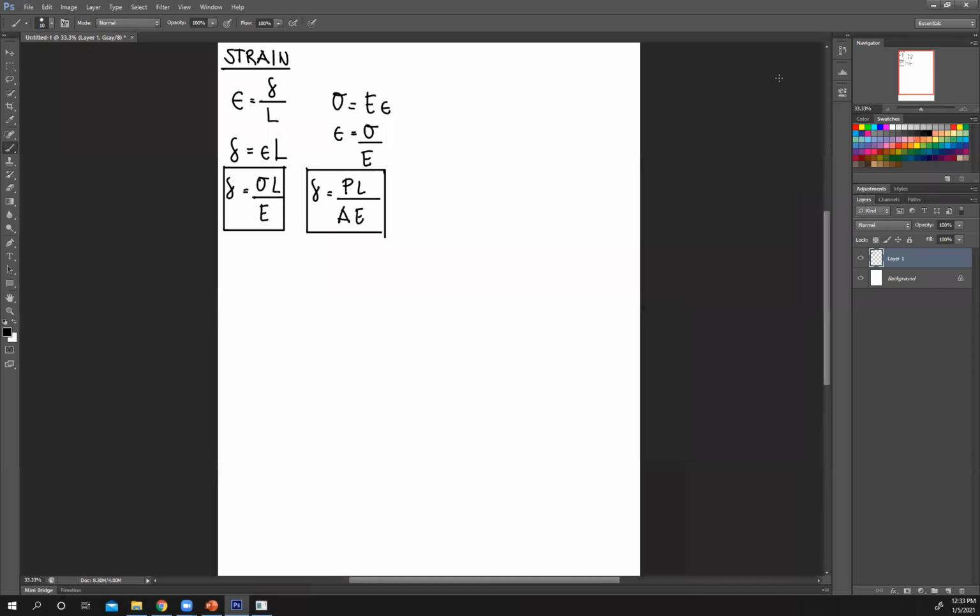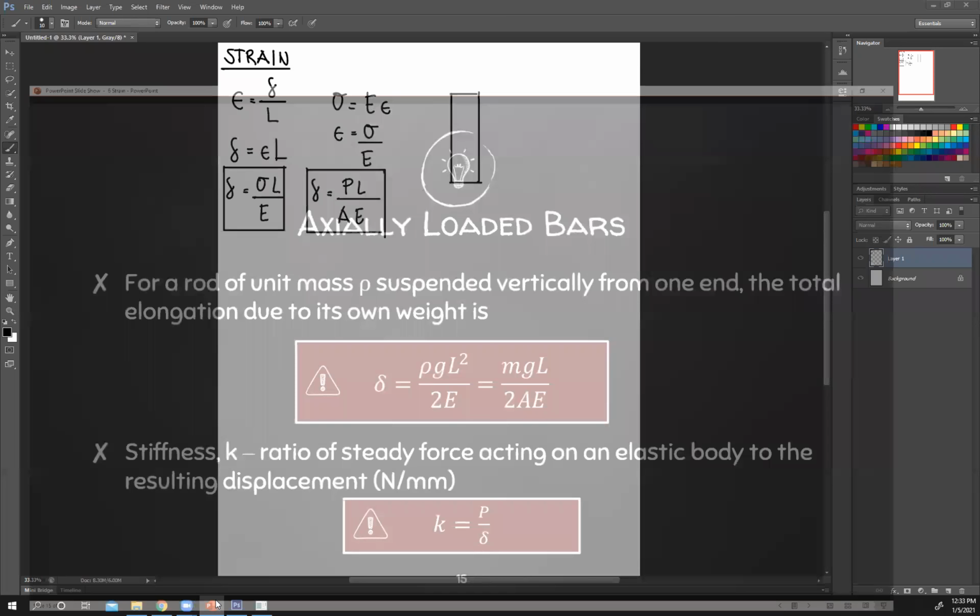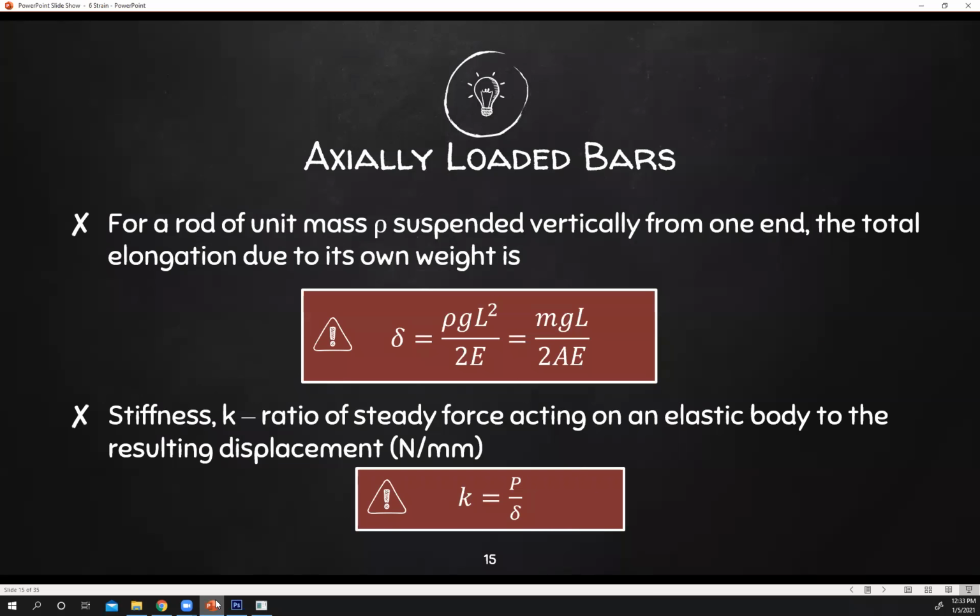Okay, so again, another derivation. Let's say you have a rod. This is the deformation or elongation due to the own weight of your member. It's already stated there: elongation due to its own weight.